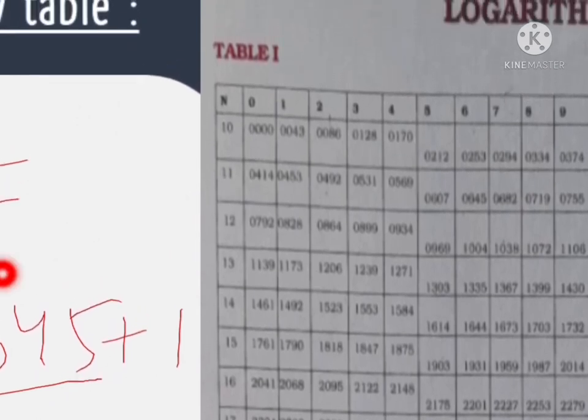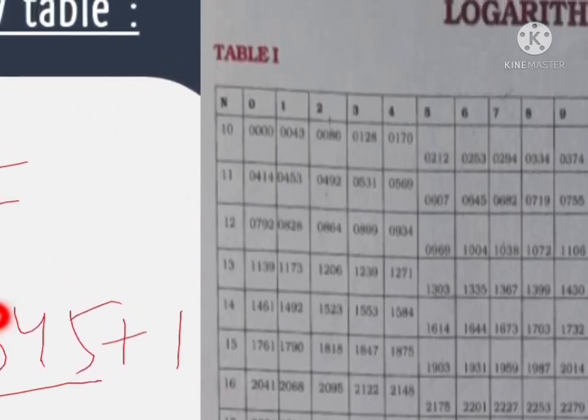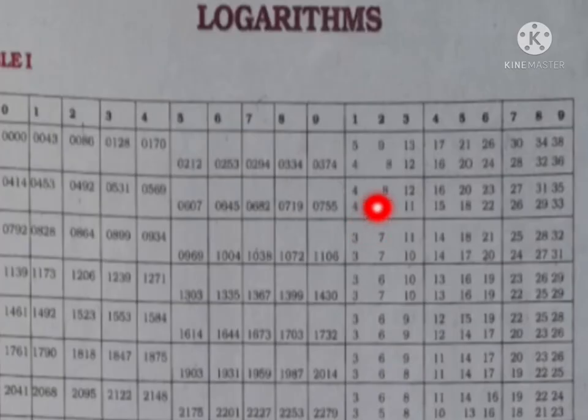Here we have to search these first two values in the vertical lines and this third value in the horizontal line up to the 9. So now here 13 to 4, this value is 1271. Now we have to insert this 4th digit in these columns.